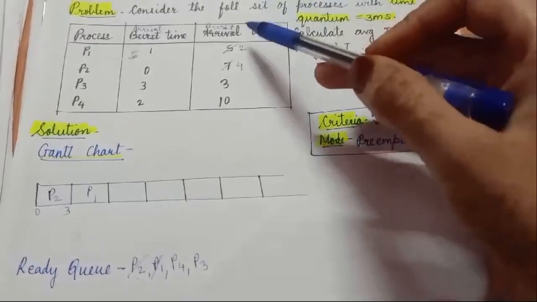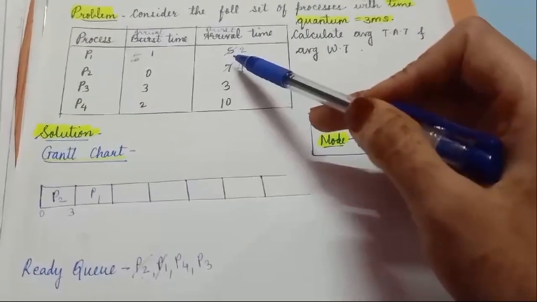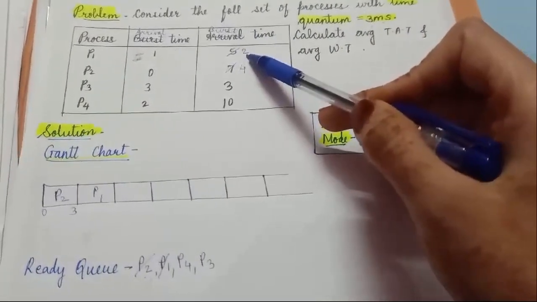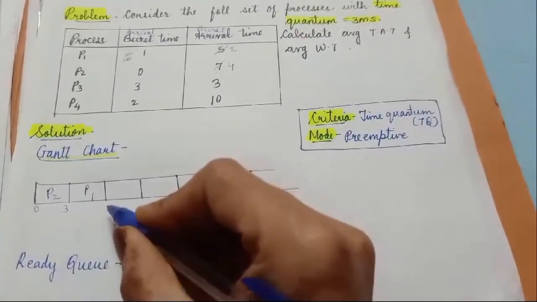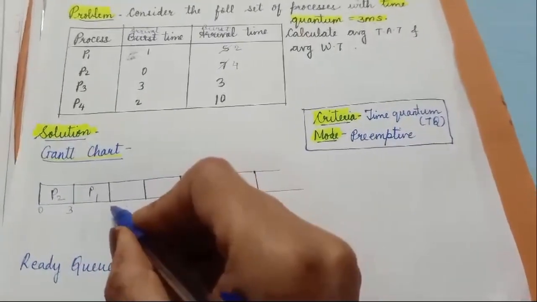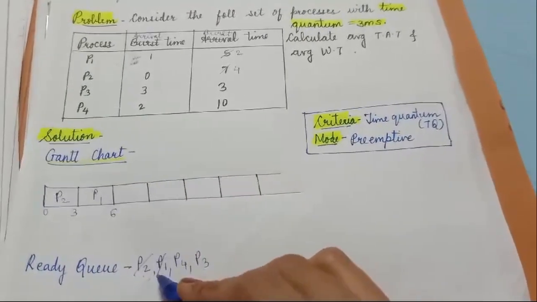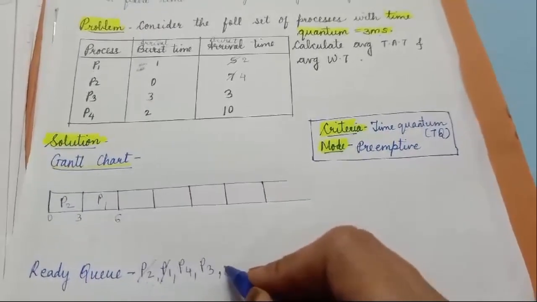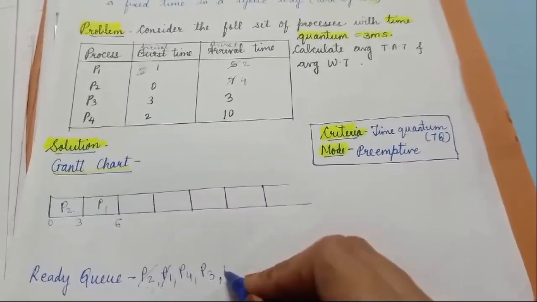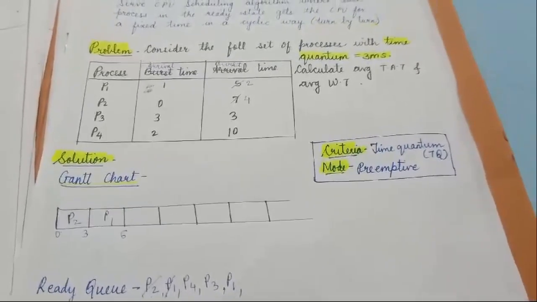So it will process up to 3 seconds. We'll minus 3 from 5, the remaining time we write down here, 2. And how much time it processed we write down here, 3. 3 plus 3 is 6, we'll write down here, and cut off from here, and the remaining time is 2. That means it still needs 2 seconds, so we'll write it down in the queue. It will come again in the queue.